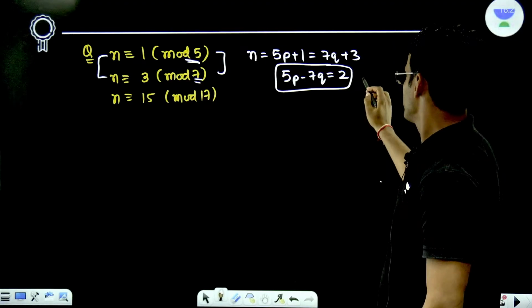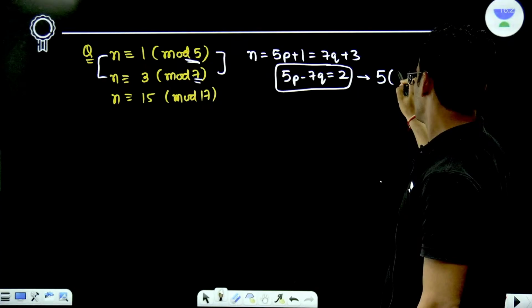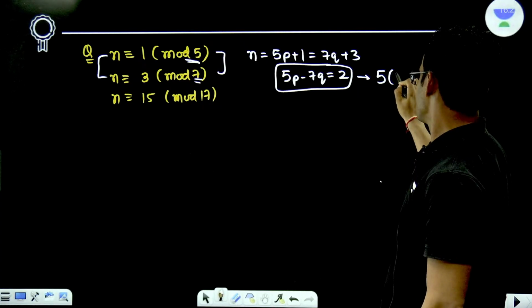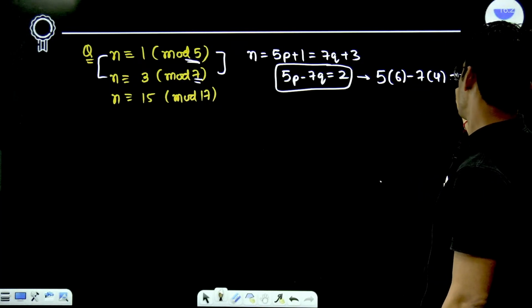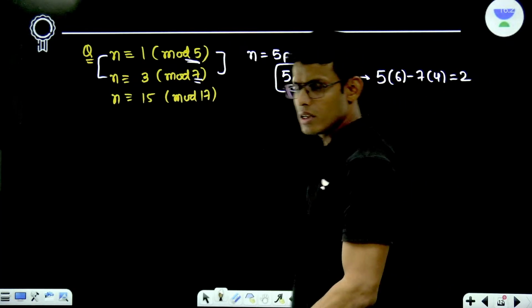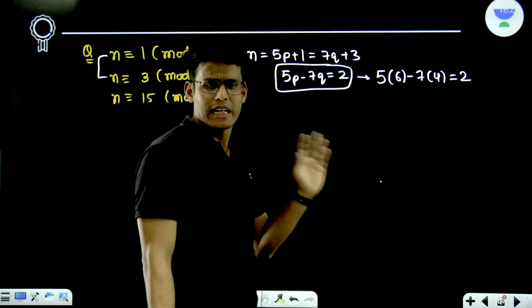By observation, 5 times 3, 5 times 6, 7. Can you see it? Because these are small divisors, we can apply our number sense and get the answer.